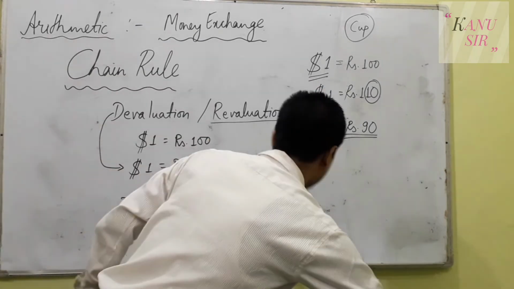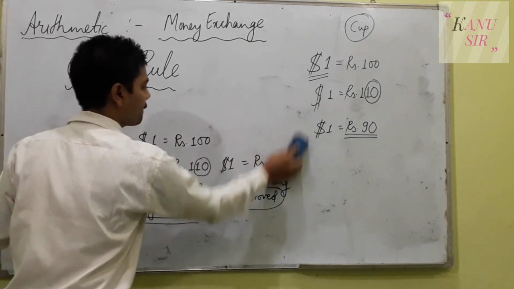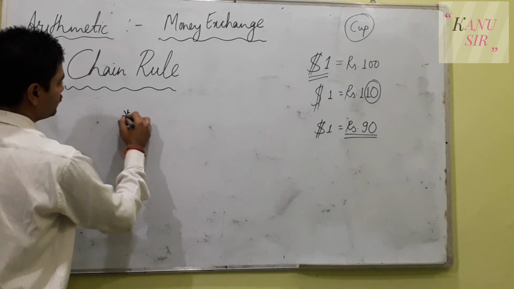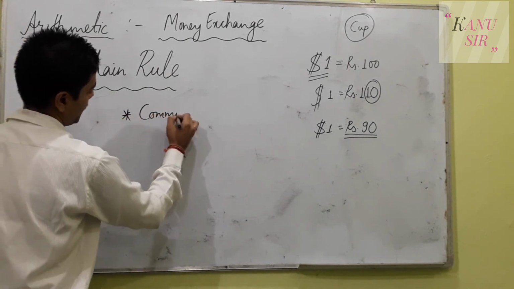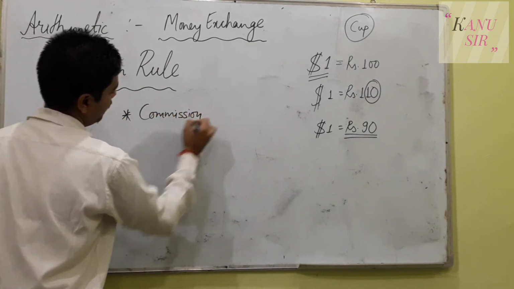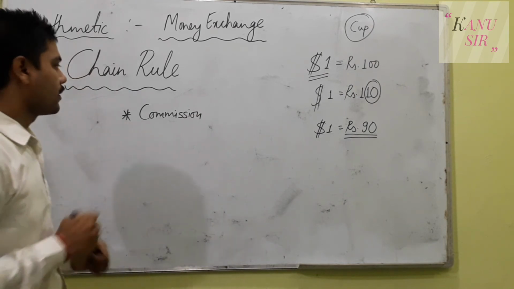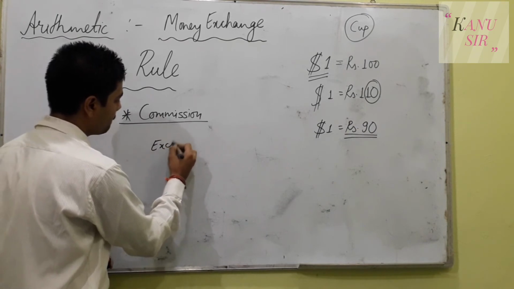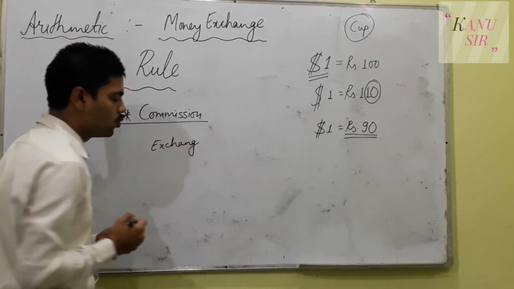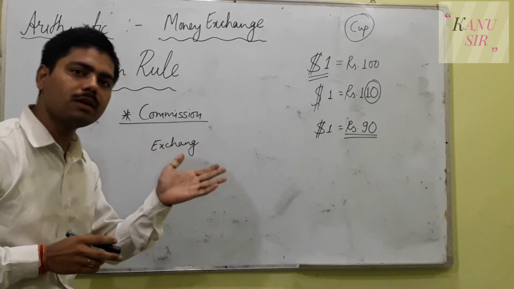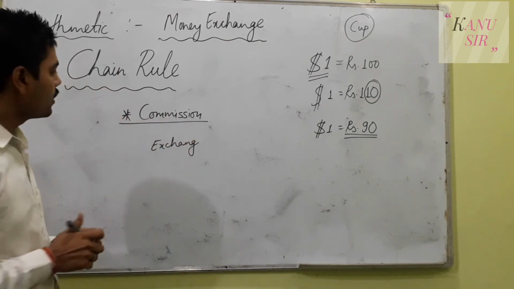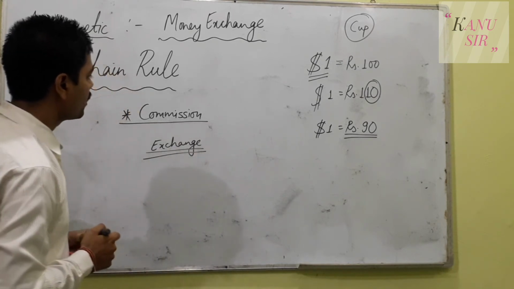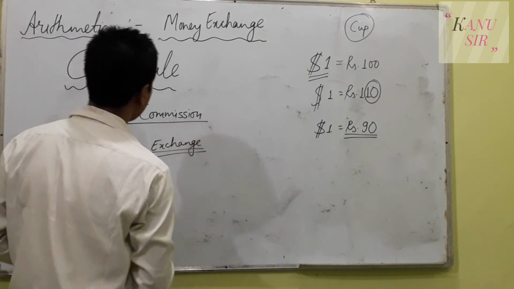And now the next topic is commission. So what is commission? There is a person who exchanges money, or who exchanges the currency of one country to another, or he is like a helper to you, he helps you, you can say commission holder.